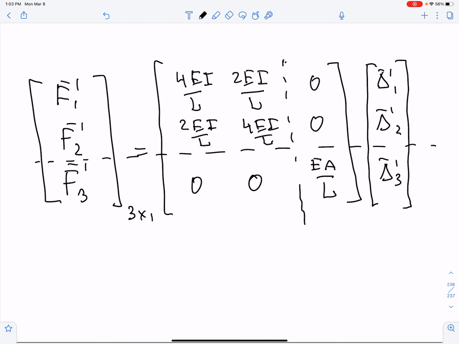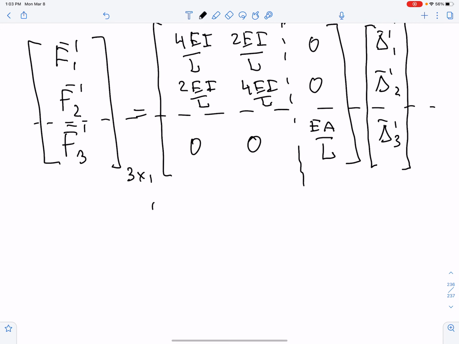Okay, and so this sort of gives us the final piece of the puzzle. This object here is exactly kappa over bar prime, right?